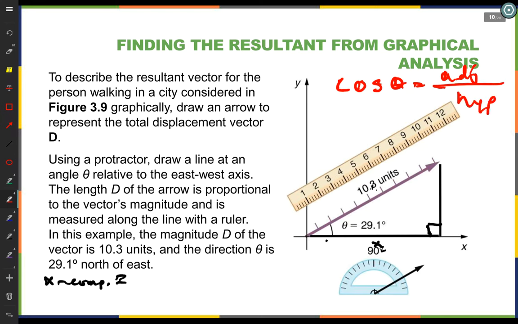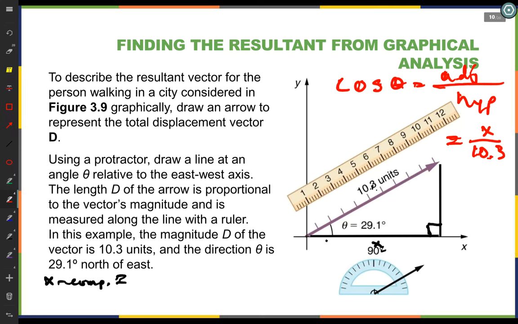So I can substitute in here the value for the adjacent side is what I'm looking for. So that's going to be equal to my x component divided by, and for the hypotenuse, I'm actually going to put in that number, 10.3. Now, yes, it has units of units, but you know what units means? It means we're just putting some random unit there, and I'm not going to write the random unit.